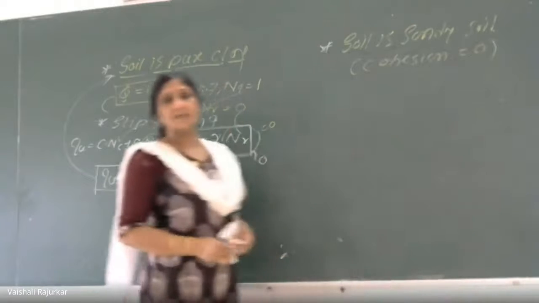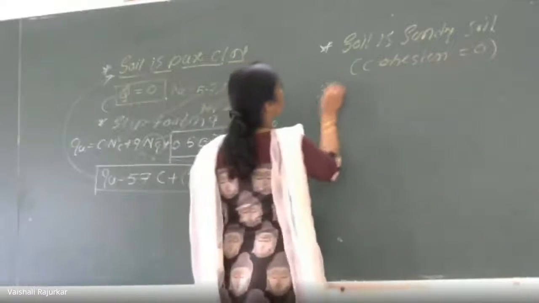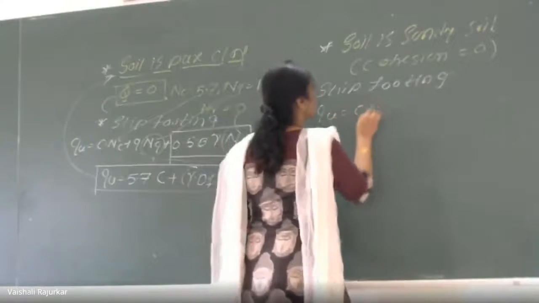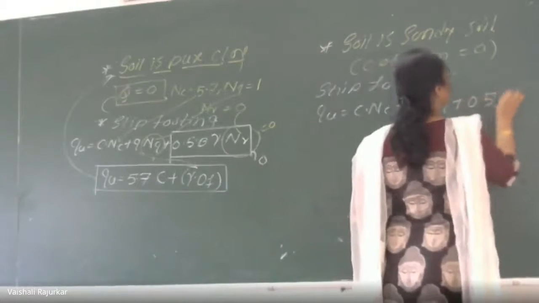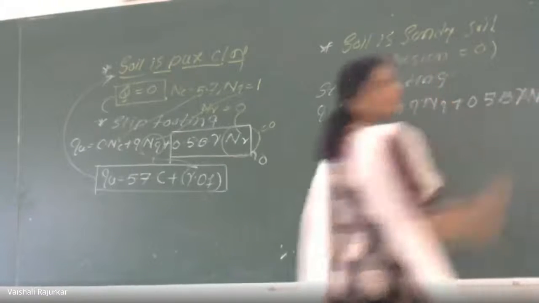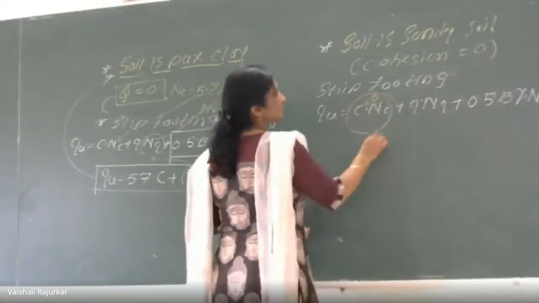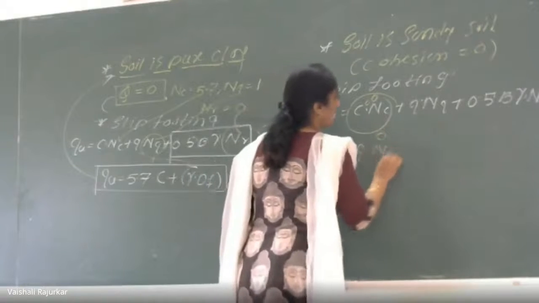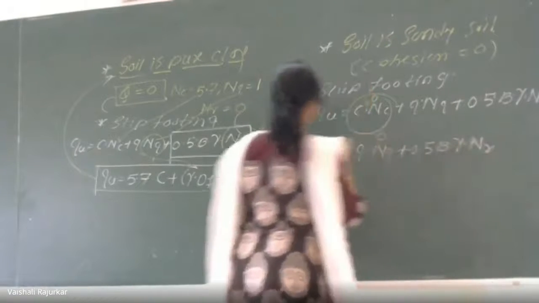And if cohesion is not there, the first term will be 0, and therefore the equation for strip footing is Qu equal to CNC plus QNQ plus 0.5 B into gamma into N gamma. As C is 0, the equation is Qu is equal to Q into NQ plus 0.5 B into gamma into N gamma.